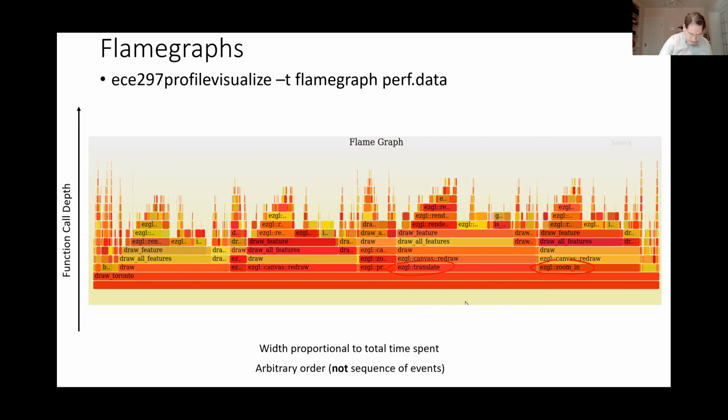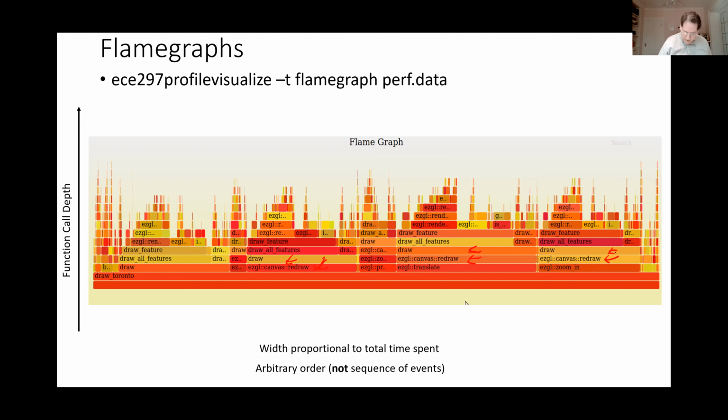And each of those called a function called canvas redraw. Okay. And canvas redraw called the function draw. So each one of these stacks is kind of the same. It's basically showing me here are different ways you got to your redraw function. But they all get into this important function called draw.